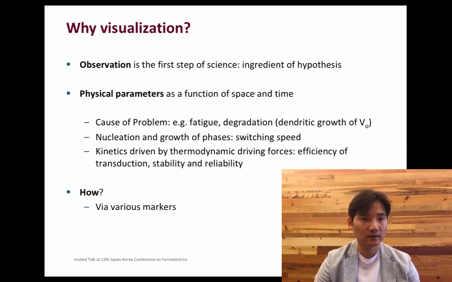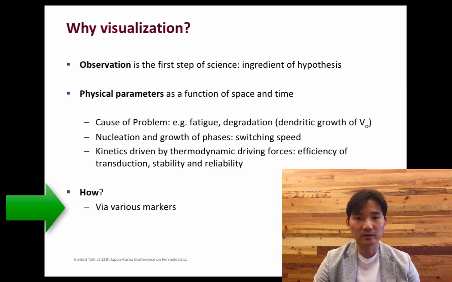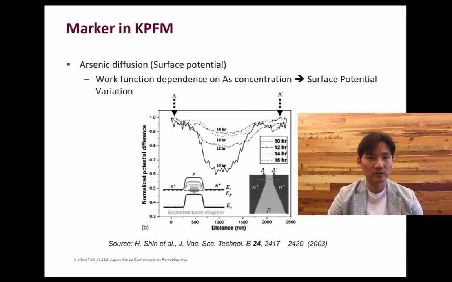So the key technique here is to design markers. So what kind of markers do we have? In the next slide, I'm showing that we can use work function in the material as a marker to visualize dopant concentration. One example is visualizing the resistive probe that we developed, which is a field effect transistor, where you have an NPN junction.